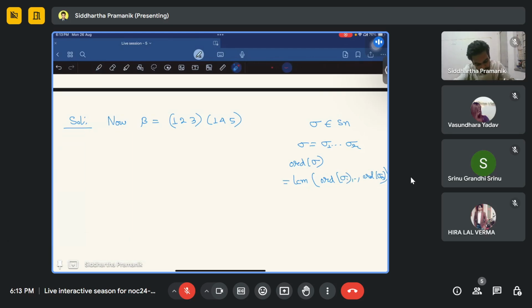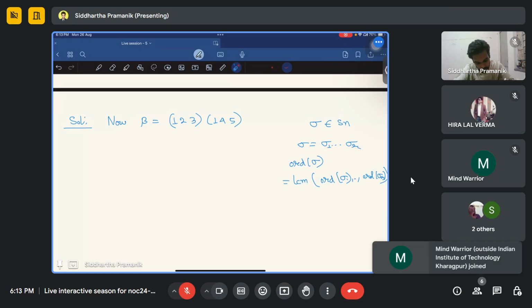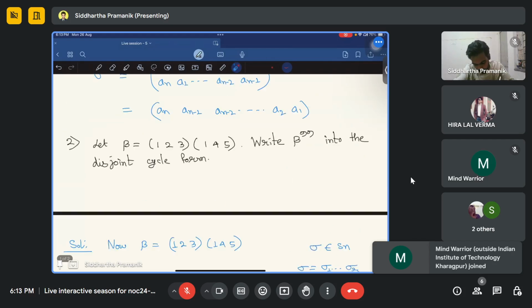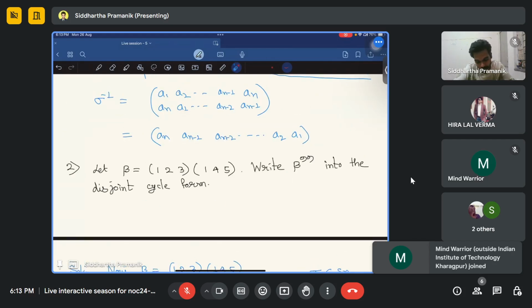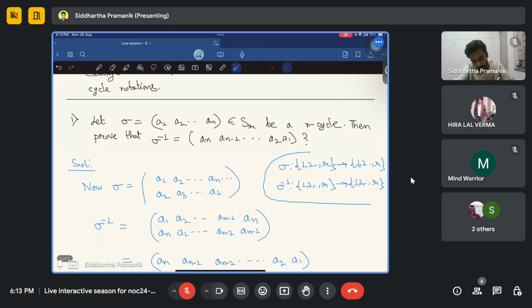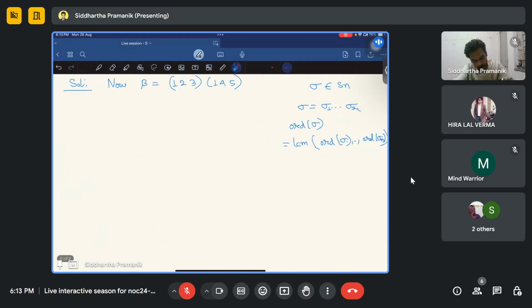So we need this disjoint cycle form to calculate the order, right? Because order of an n-cycle is n. That was done in the lectures itself. So we need to find just the disjoint cycle decomposition. Then it will be easy to compute the order.